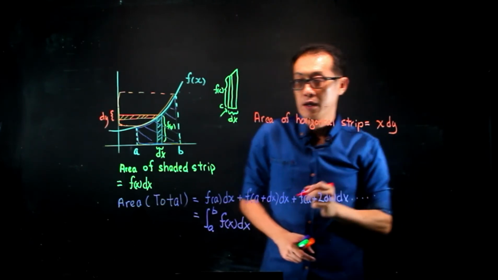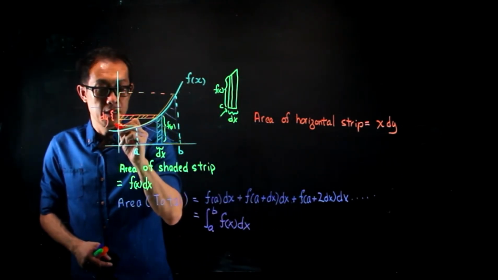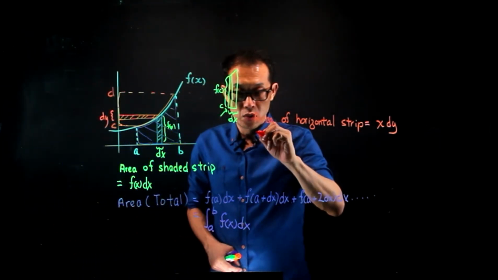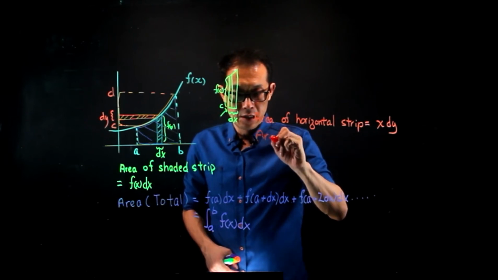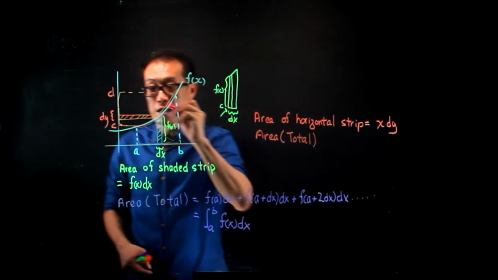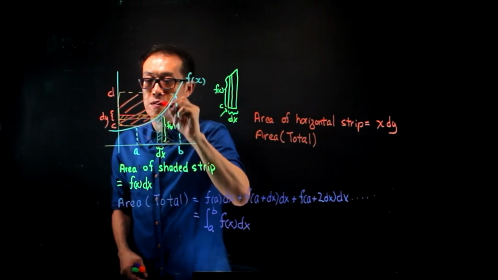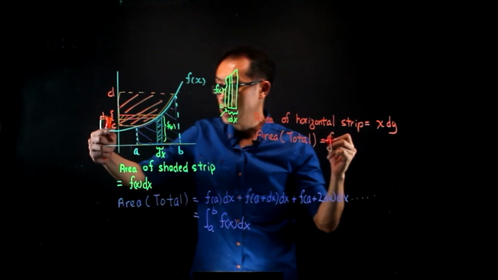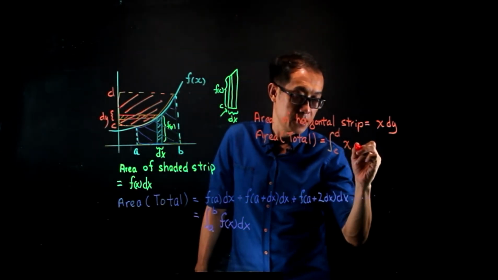So x dy. Let's say this y coordinate is c and this is d. The total required area, this is the area that we are talking about, will be equal to the summation from the lower limit c to d of x dy.